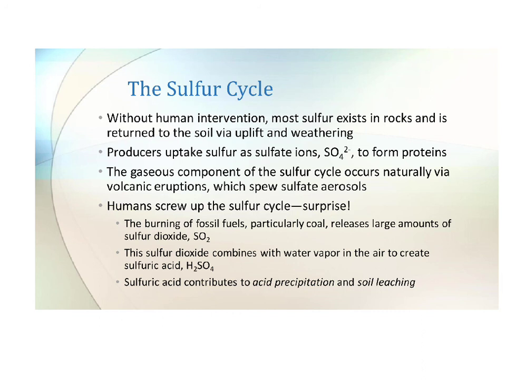Sulfuric acid is a major cause of acidic precipitation and soil leaching. So obviously we don't want acid rain, and we don't want all the minerals leached out of our soil. So acid rain's bad, as is soil leaching. We are adding additional sulfur dioxide to the atmosphere, which messes up the sulfur cycle.